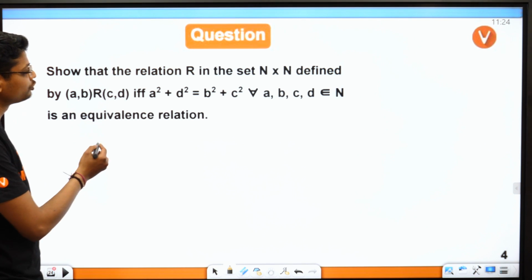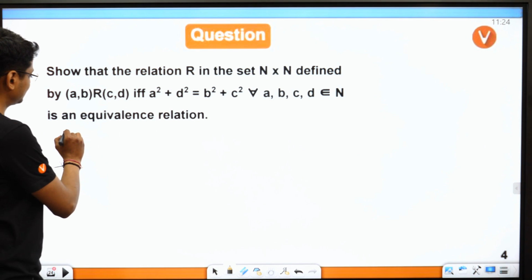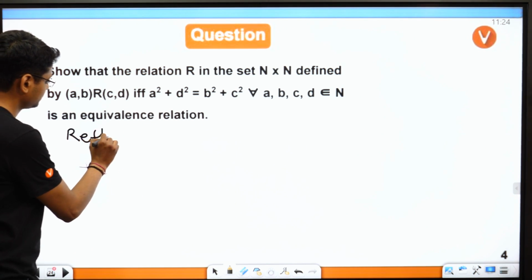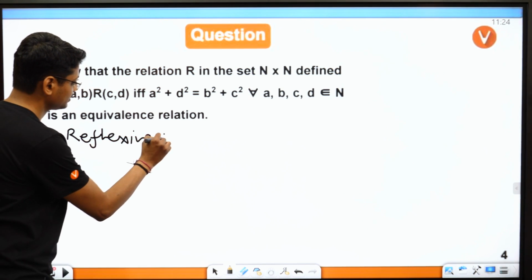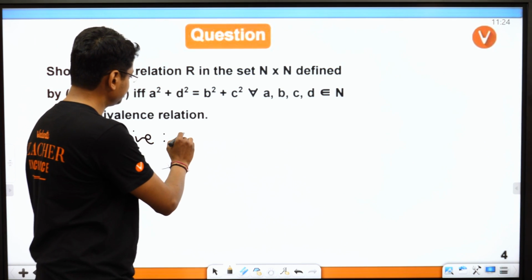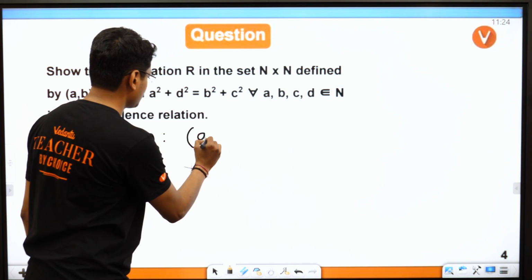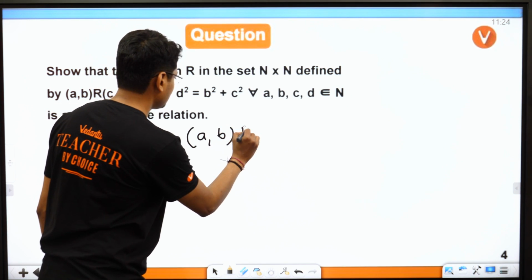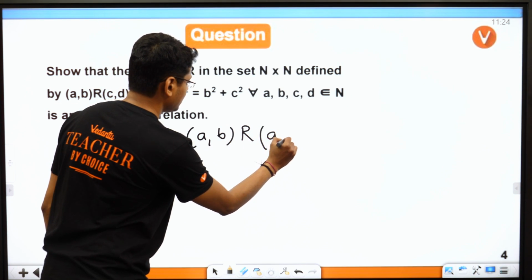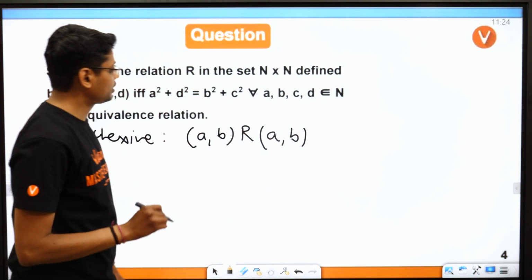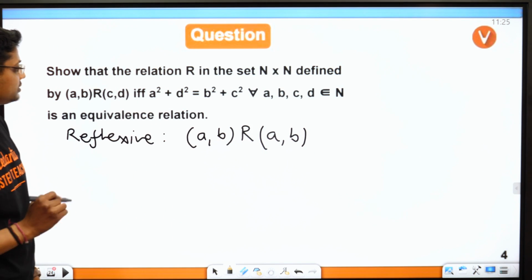First, let's prove that this is reflexive. That means to prove that (a, b) is related to (a, b) holds.